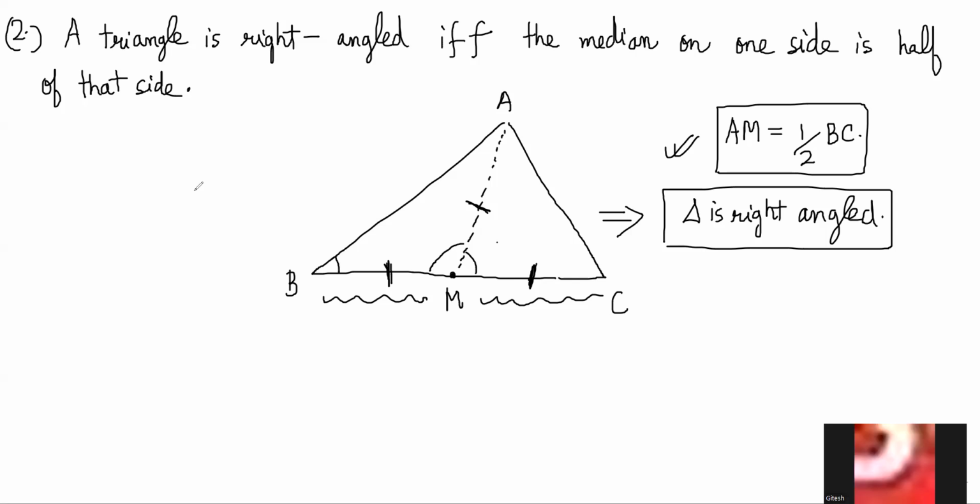Sir, can we use Pythagoras theorem? How? We don't know if it is right angled. We have to prove that it is right angled, right? Okay. You can use the converse of Pythagoras if you can, but you don't know this side, no? You know x, x, y, y.